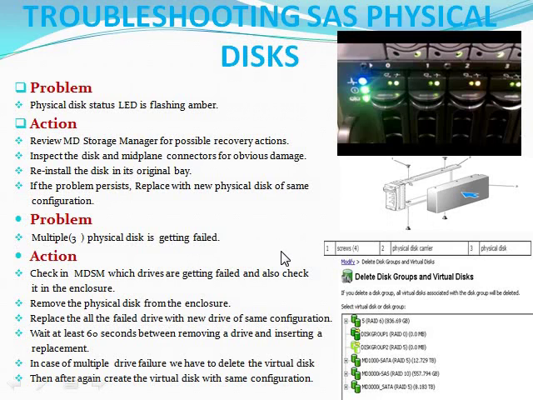Wait at least 60 seconds between removing a drive and inserting a replacement. Replace all the drives with new drives of the same configuration. In case of multiple drives, we have to delete the virtual disk and create the virtual disk again with the same configuration and map it to the host. Previously, I already discussed how to configure a virtual disk and how to map it.